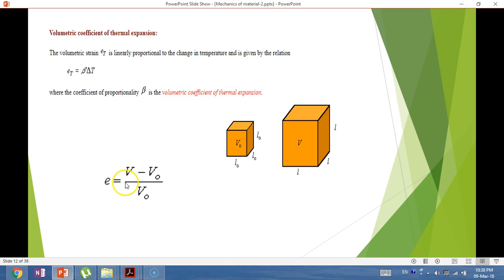The coefficient of proportionality can be evaluated as the final volume minus the initial volume, divided by the initial volume.